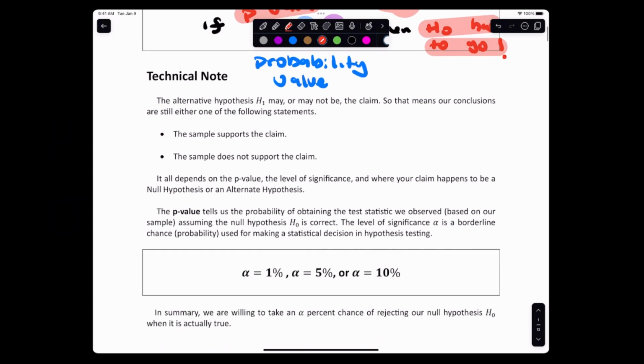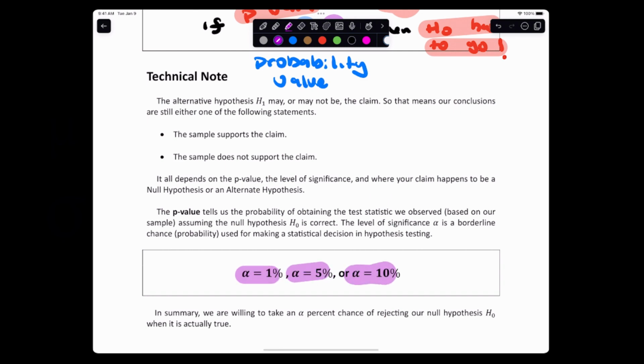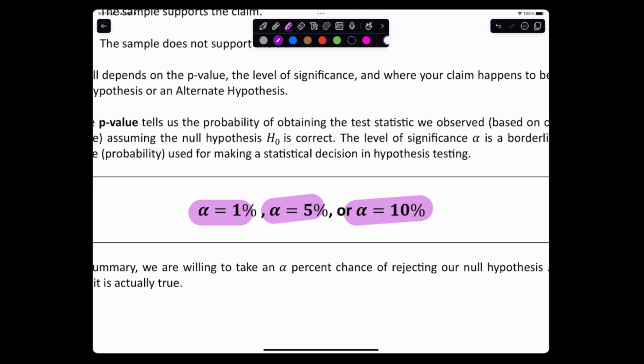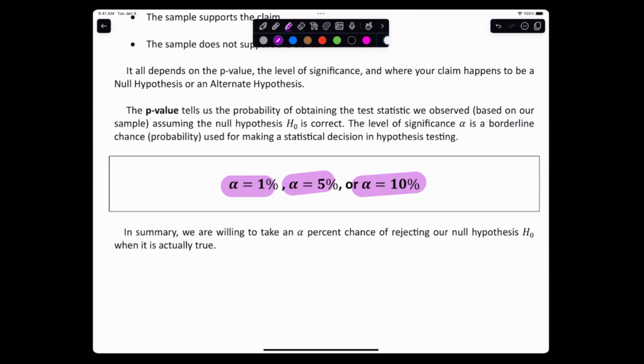Now, alpha can be, ladies and gentlemen, various percentages. It could be 1% or 5% or 10%. These are the typical alpha values. And you say, what is alpha? Well, it's the level of significance. It is the borderline chance used for making a statistical decision.